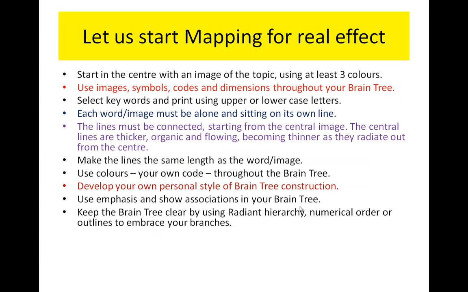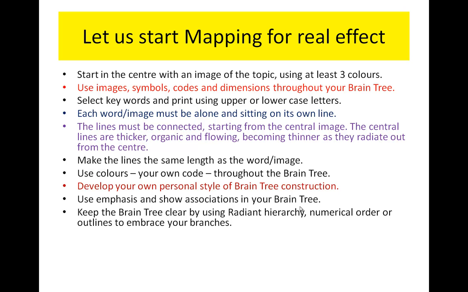So let us start mapping for real effect. Start in the center with an image of the topic, using at least 3 colors. Use images, symbols, codes, and dimensions throughout your tree. Select keywords and print using upper and lowercase letters.